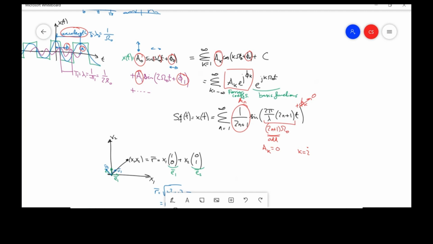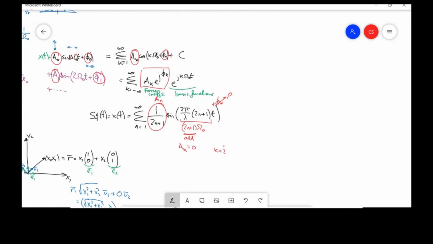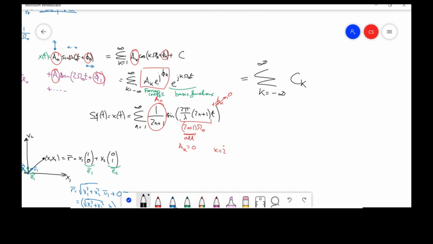So what are my Fourier coefficients? In general, this will be the sum over k of some coefficient c_k times this vector. These are my unitary vectors, these are my coefficients.